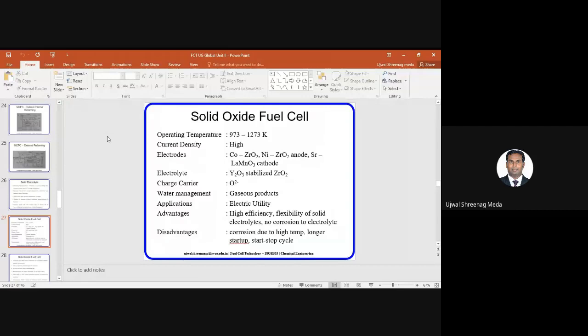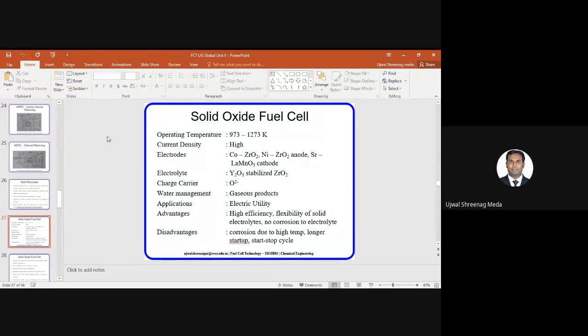The electrolyte is yttria doped zirconia. Coming to the electrodes, the base material is still zirconia. However, additional components are added such as nickel and strontium or lanthanum depending upon the electrode.